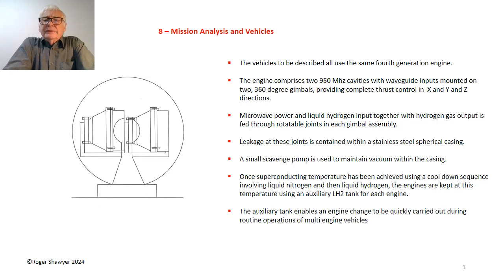So once we've brought the thruster assemblies down to this temperature, they are effectively kept at this temperature throughout their service period, and we use an auxiliary liquid hydrogen tank associated with each engine for this purpose.